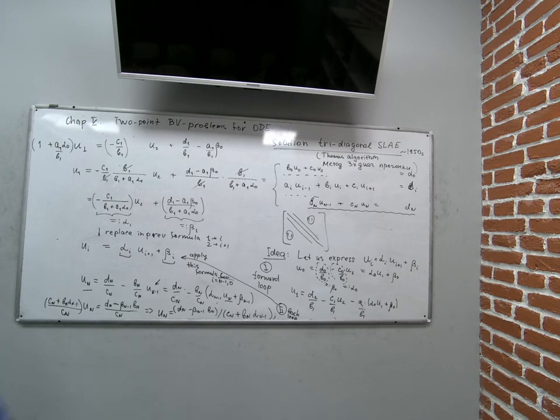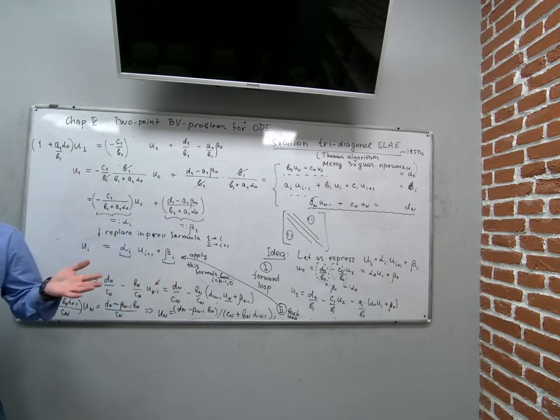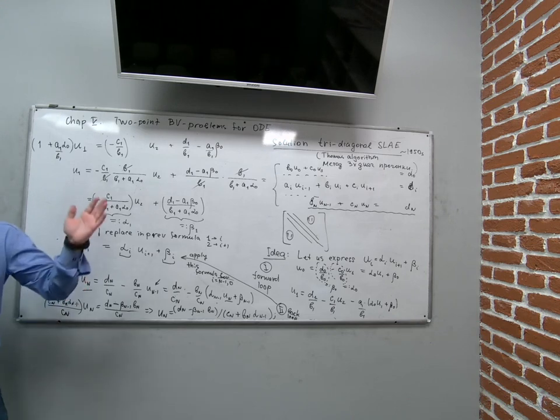The positive feature of this algorithm is that it is extremely fast as compared to the algorithm for the solution of general systems of linear algebraic equations. The algorithm that you probably know is Gaussian elimination, right? So it makes the matrix triangular.